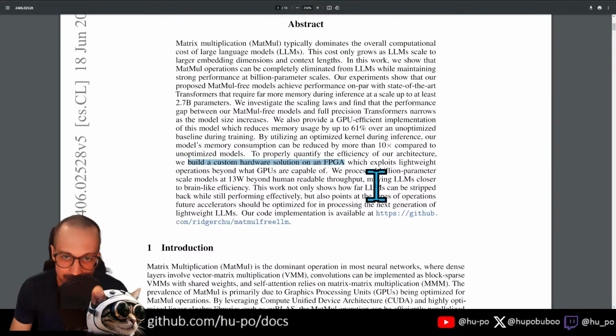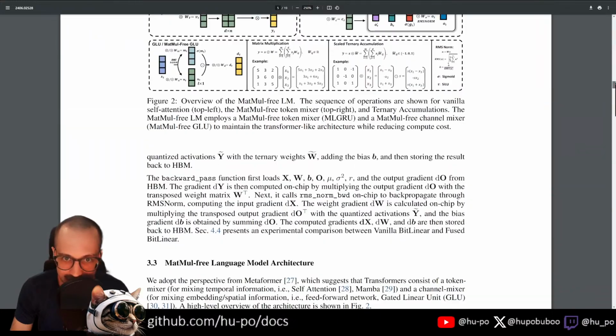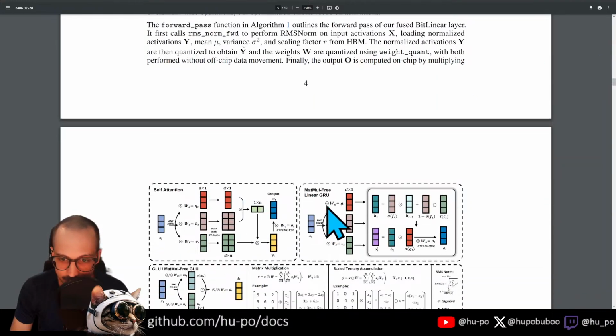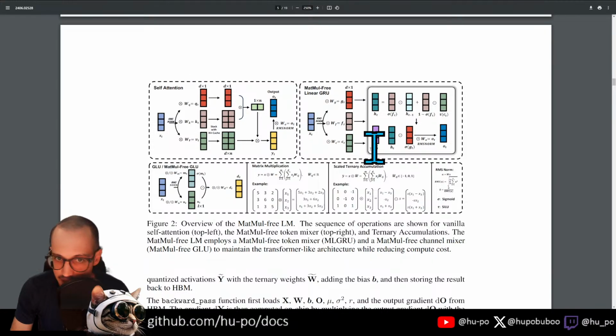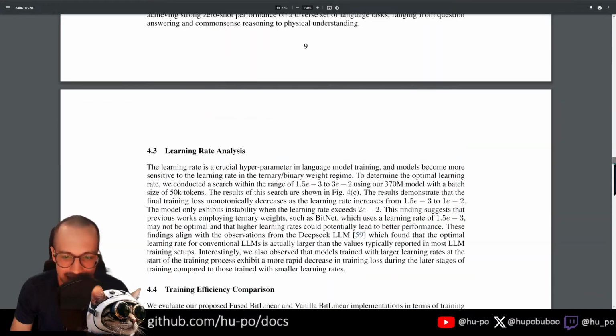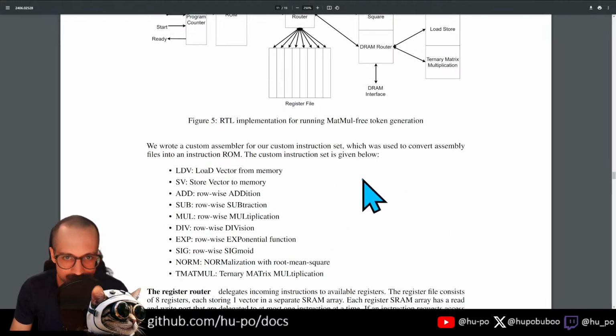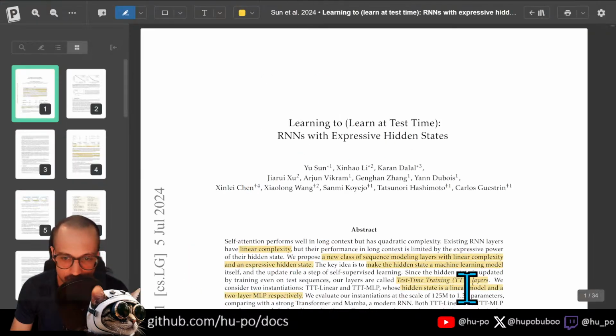If you make a paper where you come up with this new theory over here, like, look at that, it's linear, we're saving some operation in self-attention, but if you go the extra step to literally make hardware to do this, which they do, making their own hardware specific to their matmul-free approach, I think you deserve a lot of credit. You deserve more credit than if you just do this, right?